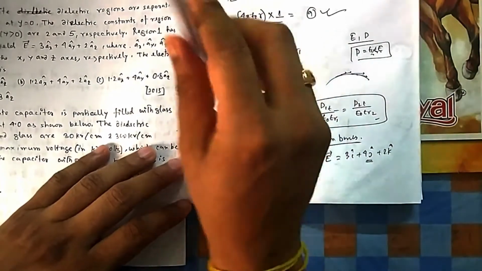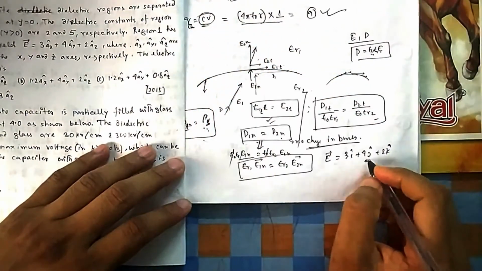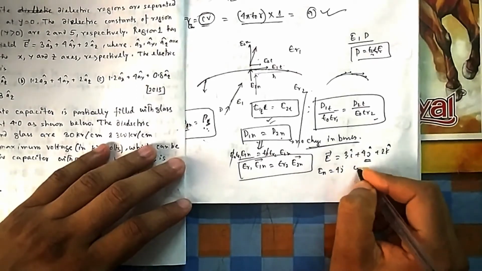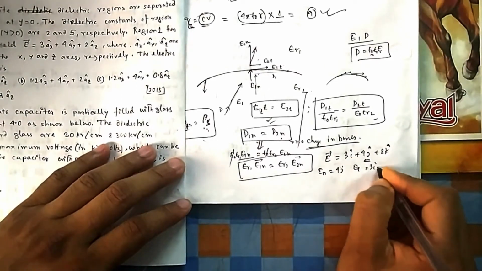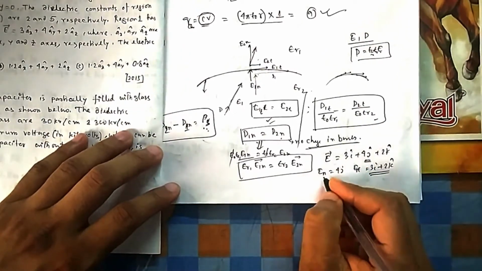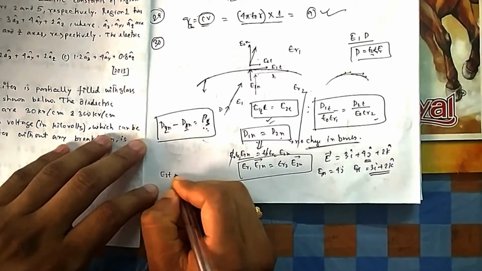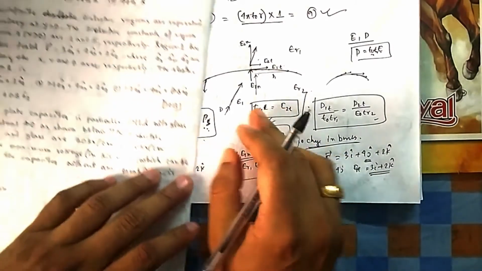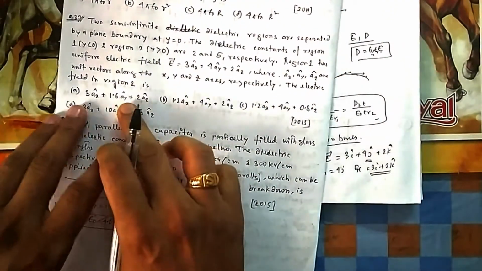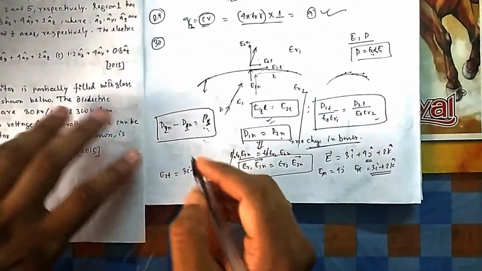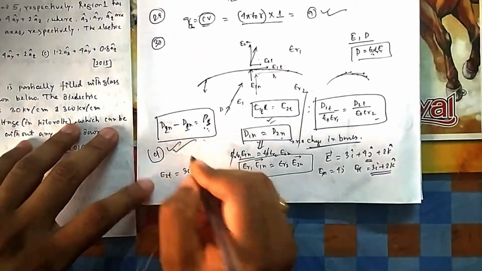So E normal is 4j and E tangent is 3i plus 2k. The tangent portion will remain the same. This is E1, so E2 tangent will remain 3i plus 2k. We have seen that the tangent portion remains the same. So you can see which option remains the same, 3 and 2; that is your option A. You can directly give the answer by seeing this.